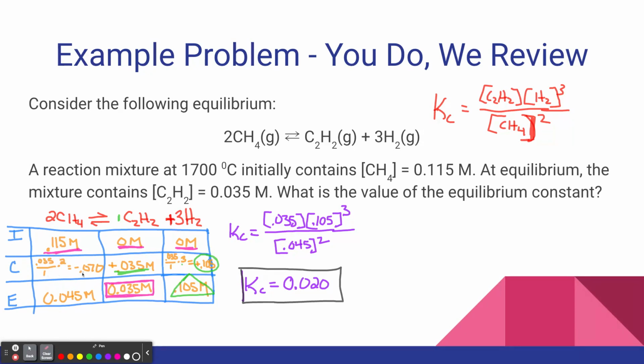Then multiplied by 2, I get 0.070 as my value. Now here, what I'm going to do is subtract this from my initial concentration because reactants are used up. And when I do so, I get an equilibrium concentration of 0.045 molar.